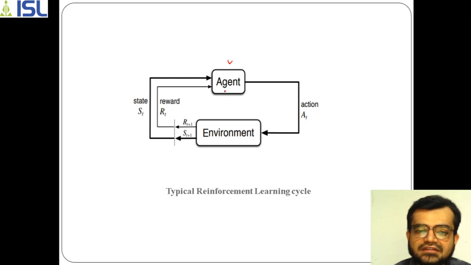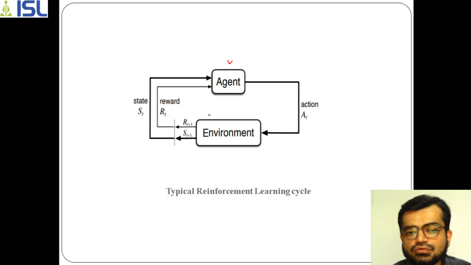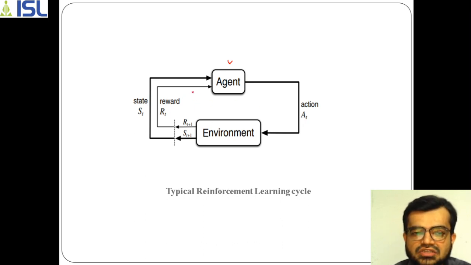That means the agent will interact with the environment, and with the help of this environment, the agent will perform an action for a particular given state. Whenever an agent performs an action in the given environment in a particular state, one reward will be awarded.